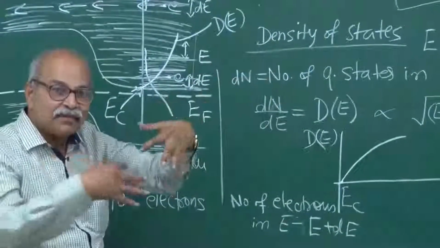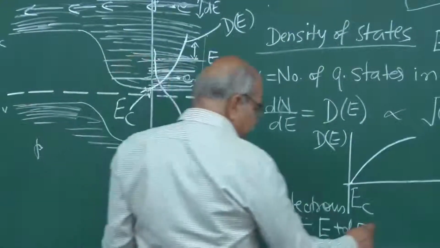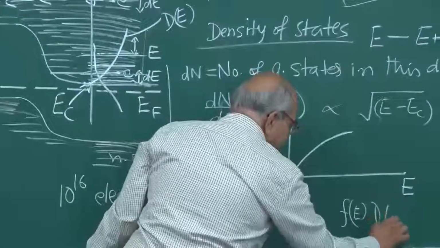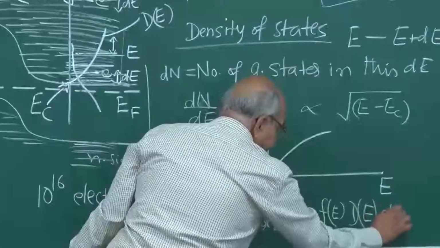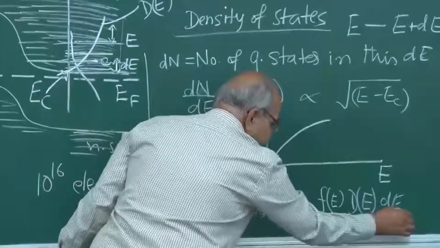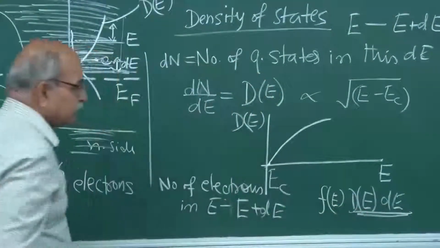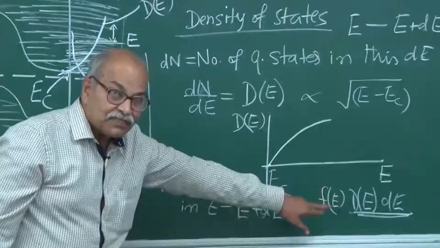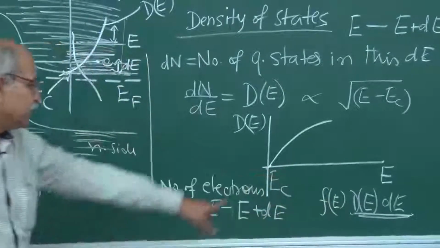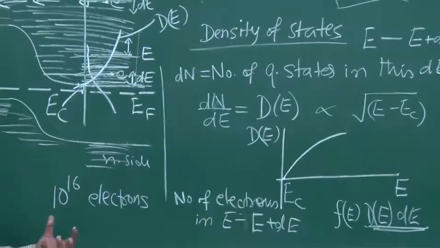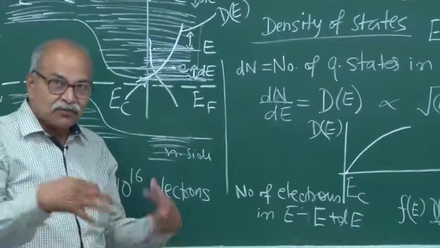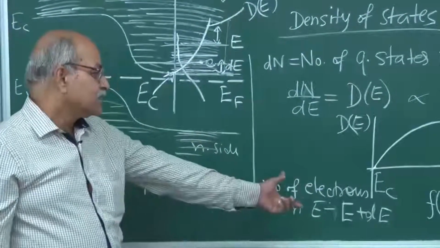So you have to multiply these, and therefore this will be F of E multiplied by D of E and then dE. This gives the number of quantum states in that energy range, and this gives the probability of each quantum state being occupied. So this will be the total number of quantum states occupied, or in other words, total number of conduction electrons in that dE.